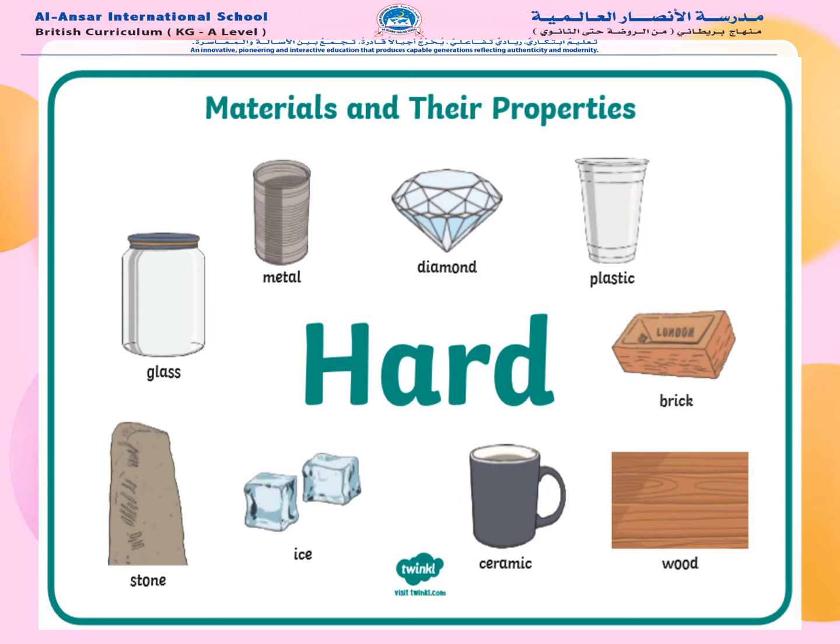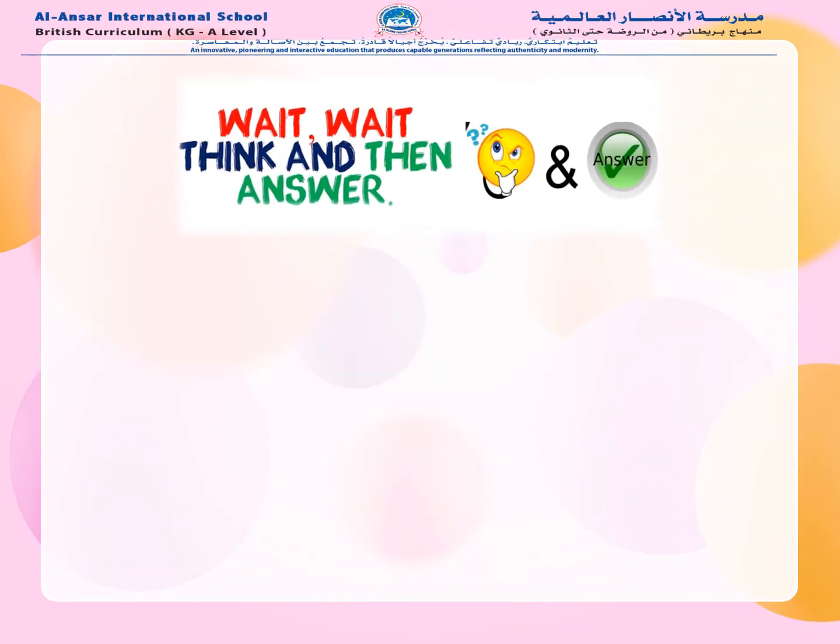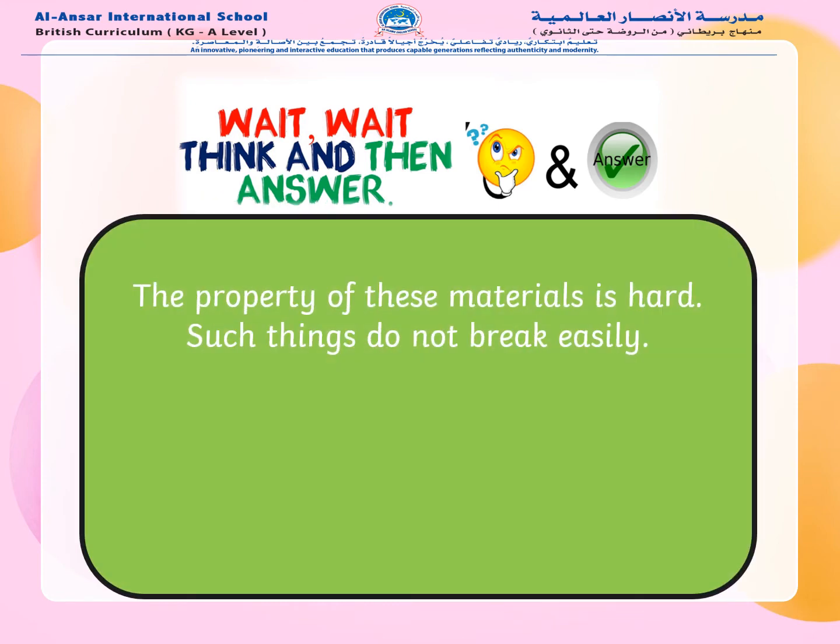So this is one of the property of some materials. Some materials, when you touch them, they feel hard, just like wood. The property of the wood will be hard. But wait, think and then you can answer. The property of these materials is hard because these things do not break easily.